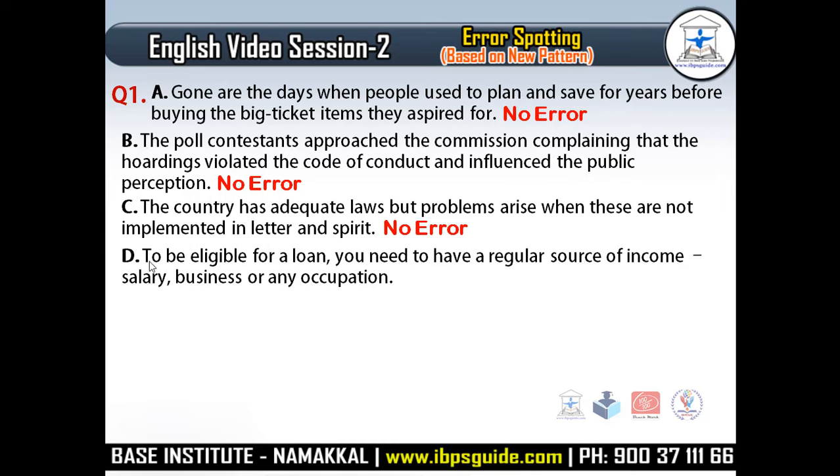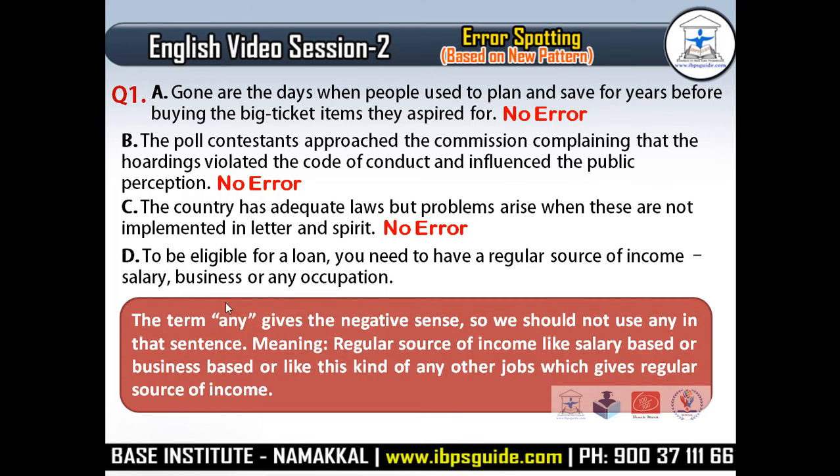Fourth statement, to be eligible for a loan, you need to have a regular source of income, salary, business or any occupation. The word any gives the negative sense, so we may not use any in this statement. There is an error in it.